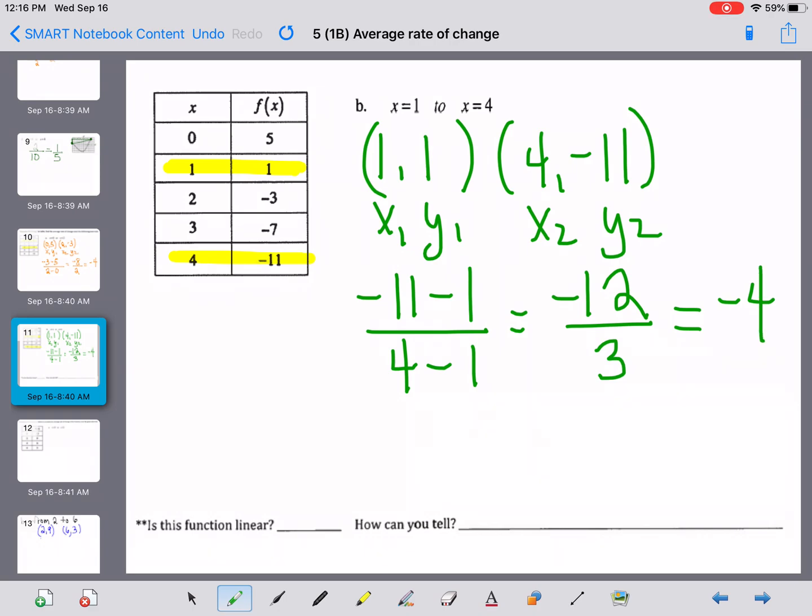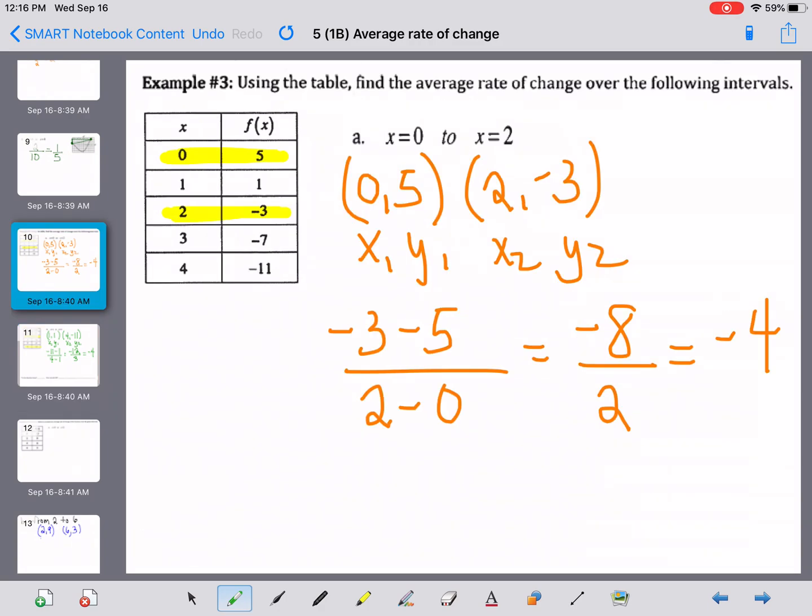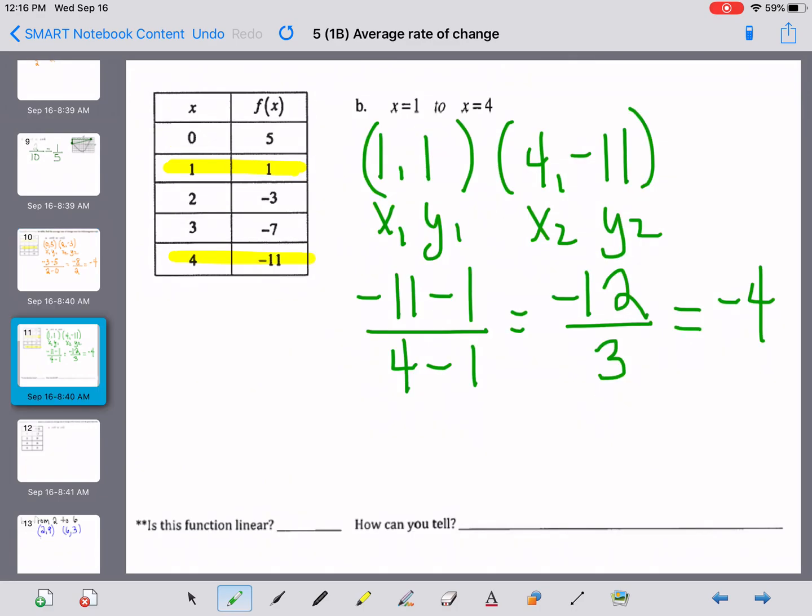And it says, is this function linear? Well, if you notice, if I flip back a page, when we finished that one, we came up with -4. When we finished part B, we also came up with -4. Yes, this function is linear. If you remember from an earlier video, we talked about how this average rate of change, or the slope, is constant on a line.